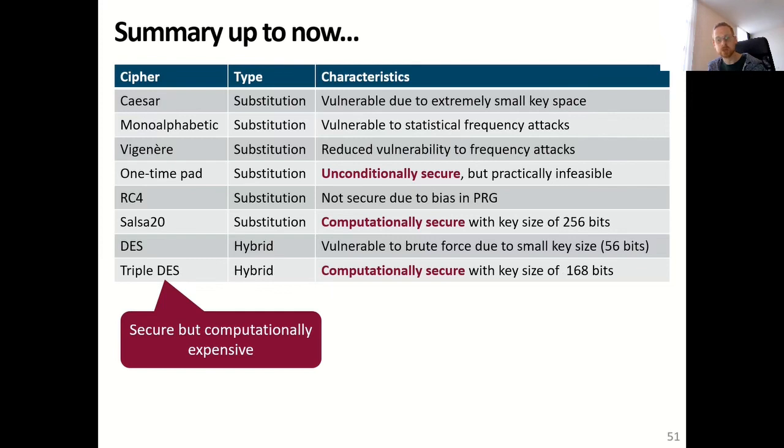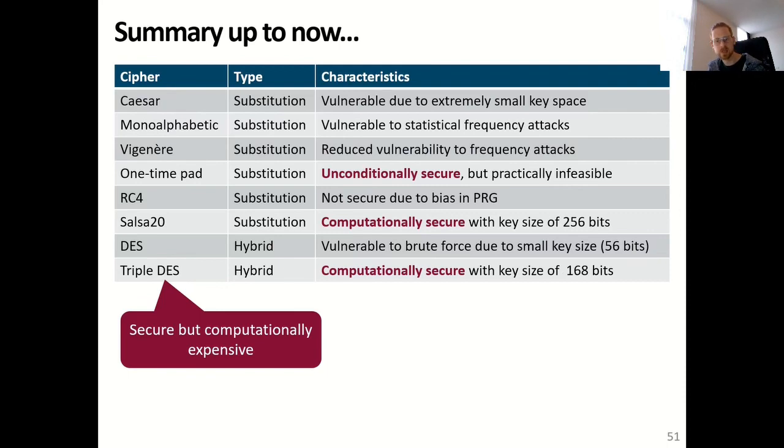Then we talked about block ciphers, DES, and triple DES. DES is vulnerable to brute force attacks due to the relatively small key size of 56 bits. Triple DES solves this problem by using 3 different keys, thus increasing the key size to 168 bits.